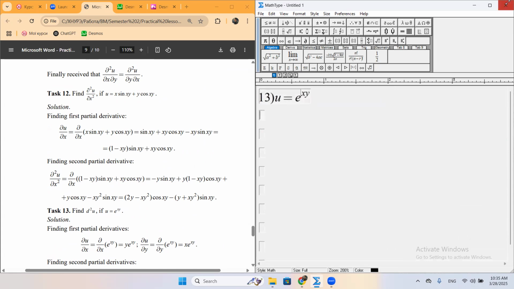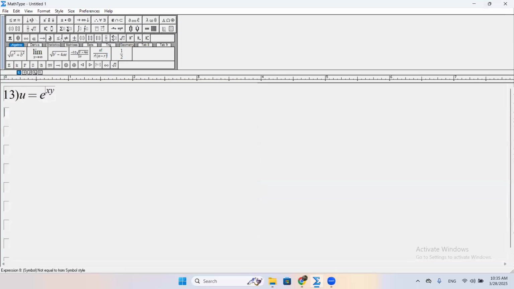So finding first derivatives first of all. So du by dx equals y e to the power of xy. Then du by dy equals x e to the power of xy.